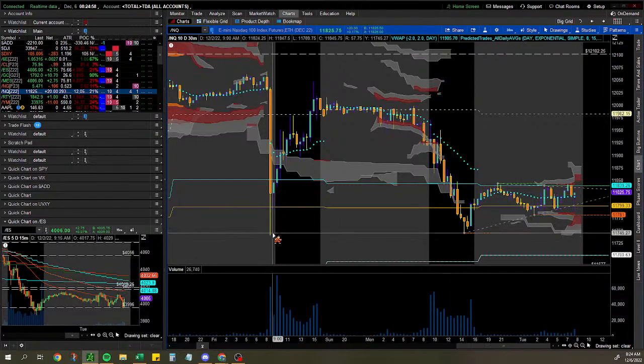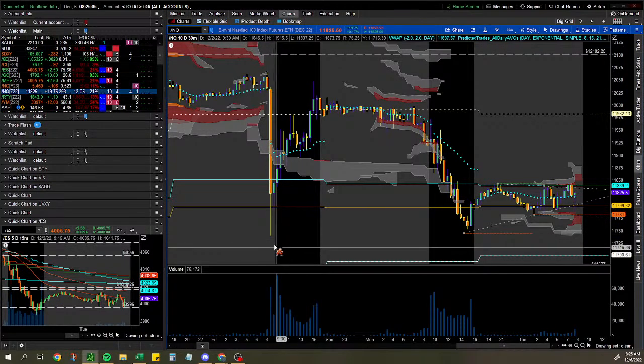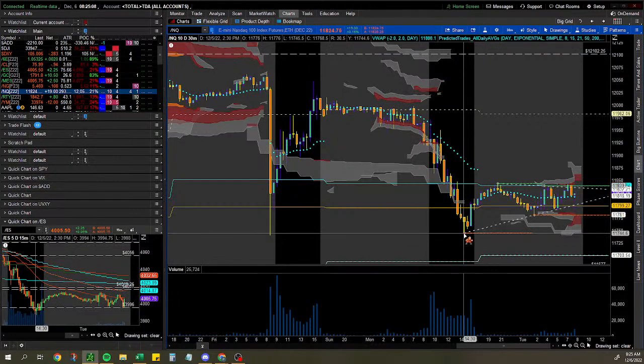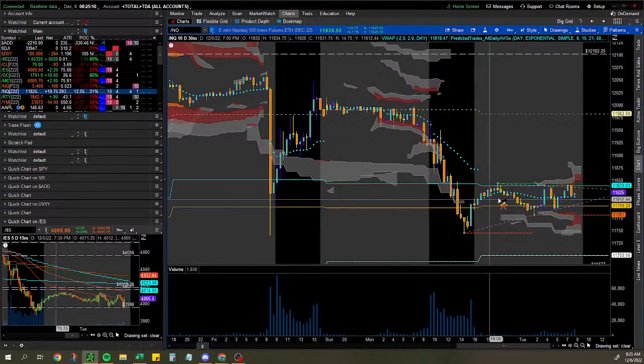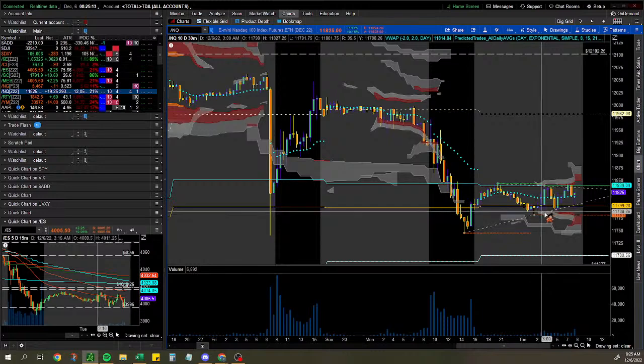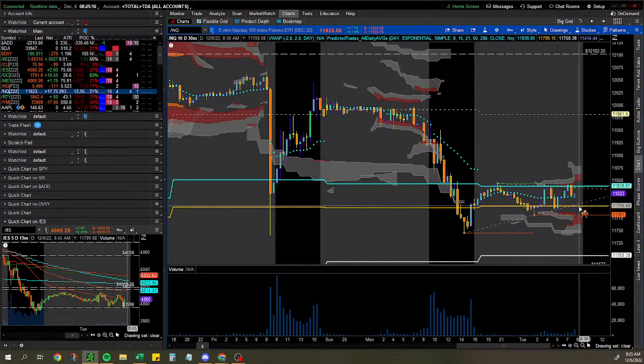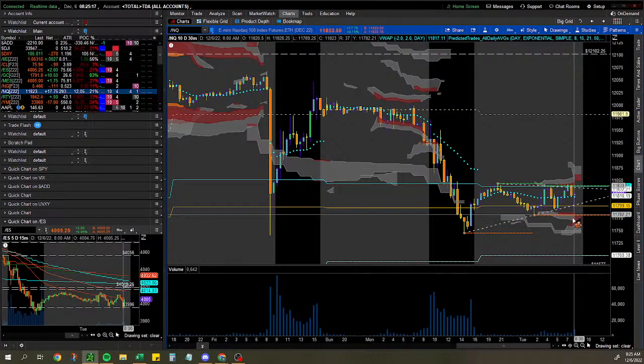ES did get below that low from Friday, but NQ did a good job of holding above that low from Friday, and we can see we're getting progressively higher lows overnight. So we have our pre-market lows, our squeeze bottoms, and our daily 15.